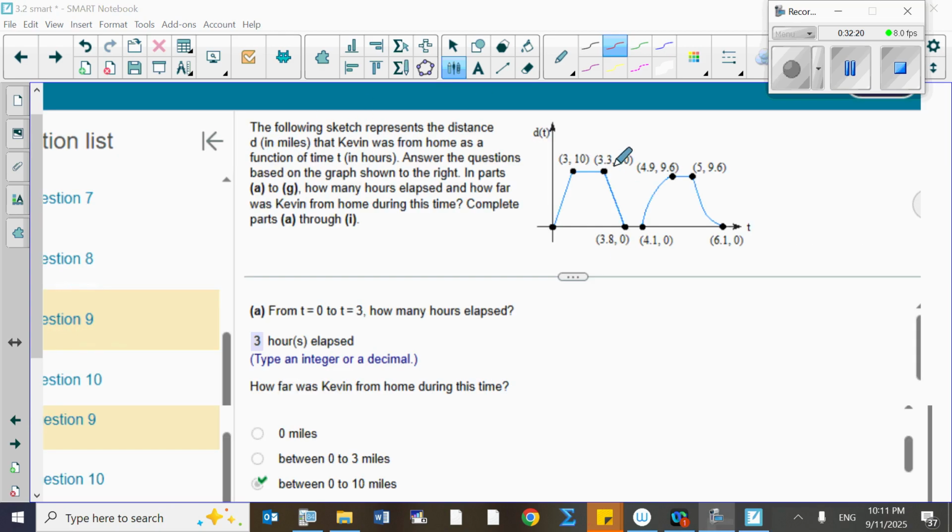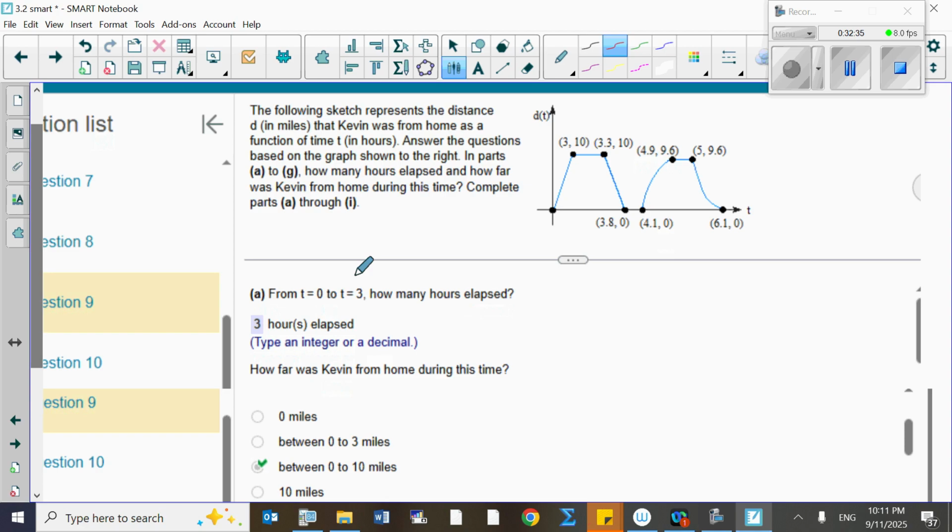Next question. This graph represents the distance d that Kevin was from home as a function of time in hours. So we're going to answer some questions to see how many hours elapsed and how far Kevin was from home during this time. So the first one, for example, says from t equals 0 to t equals 3. Where is that? From 0 to 3.